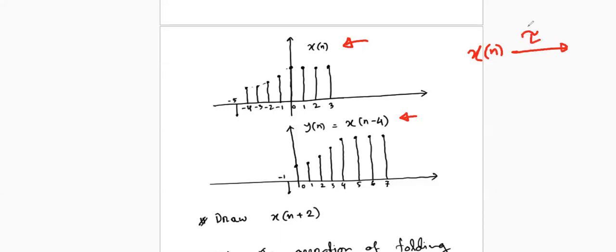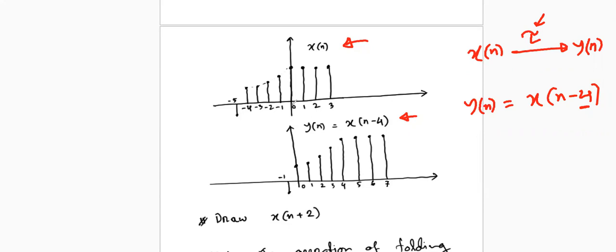This tau represents a system, and you have the output y[n], where y[n] equals x[n-4]. That means this shift delayed your signal by 4 samples.